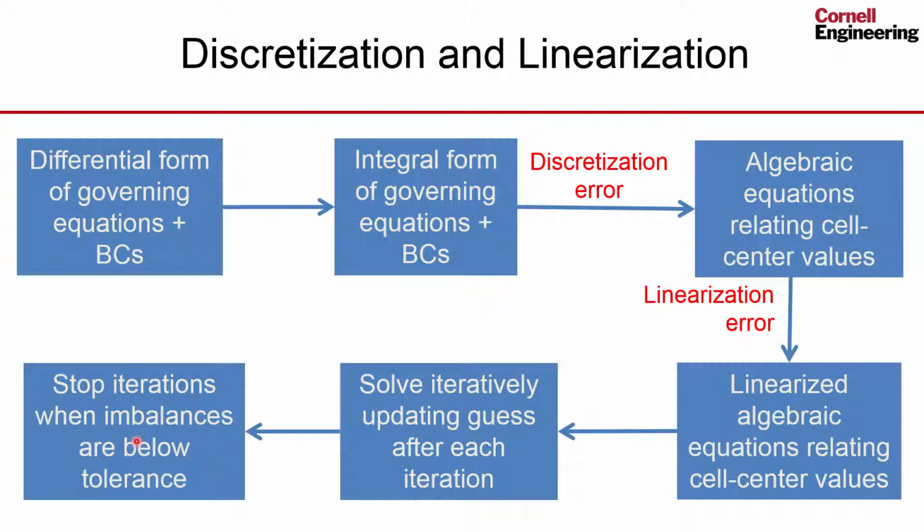And when the imbalances of mass and momentum fall below a tolerance, you can ask it to stop the iterations. And when the iterations have converged, the linearization error is below a tolerance, and we have an approximate solution to the governing equations and boundary conditions. And that approximate solution has a linearization error, which is below a tolerance, and it also has a discretization error, which depends on the mesh that you provided to the solver.